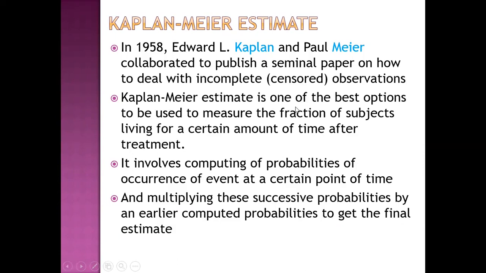Kaplan Meier estimate is one of the best options to measure the fraction of subjects living for a certain amount of time after treatment, as we have seen in the example of breast cancer. It involves computing the probabilities of occurrence of the event at a certain point of time and multiplying these successive probabilities by earlier computed probabilities to get the final estimate. This I will explain soon.